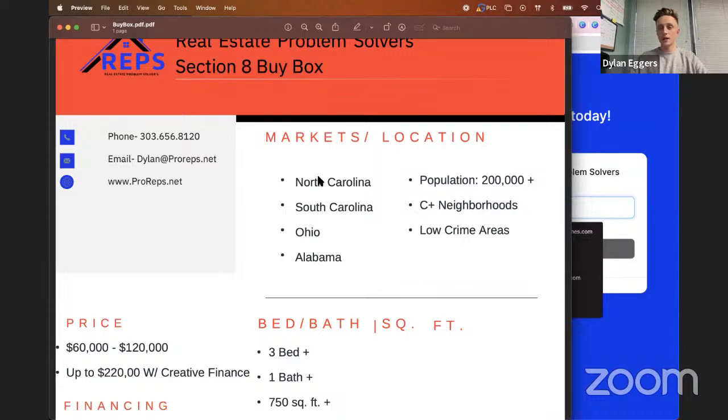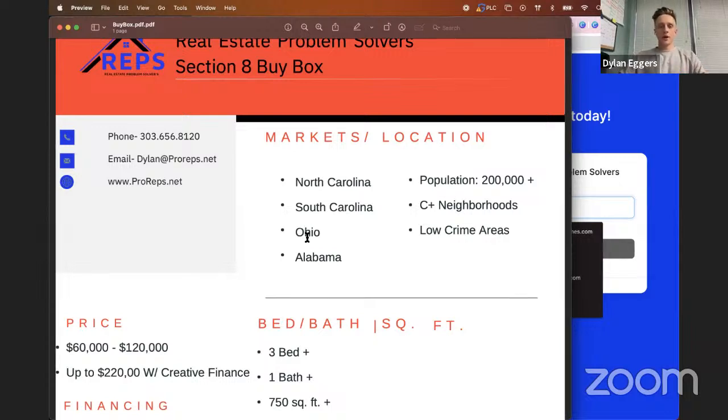So some people see Section 8 as like being a slumlord, which it's not, right? If you operate your property as a slum, right, then you are a slumlord. But if you have a good asset for people that are low income, that can't afford housing, then you're helping people in need. So it could be a great investment vehicle, but a great vehicle to also help people as well.